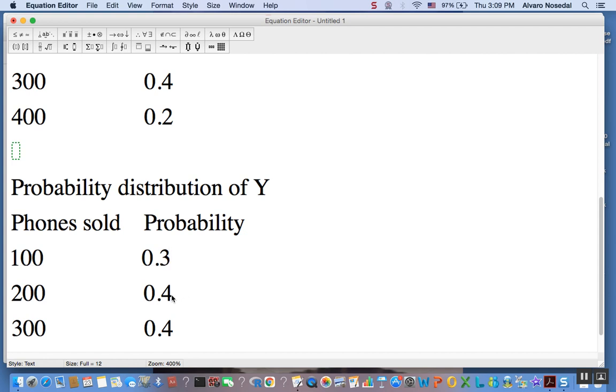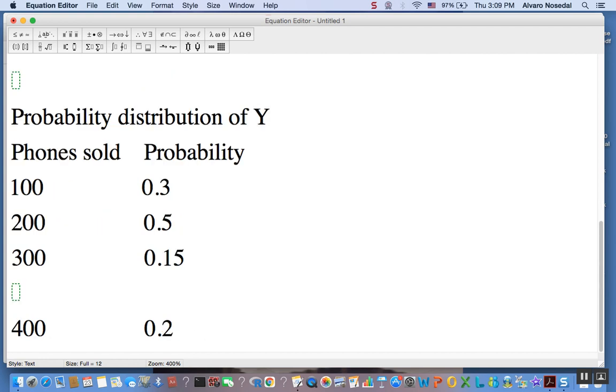We have 200 as a possible value for the random variable y, but that probability is different. We have 300 for that location too, but the probability of seeing that is different. And finally, for 400, we have 0.05. Make sense?